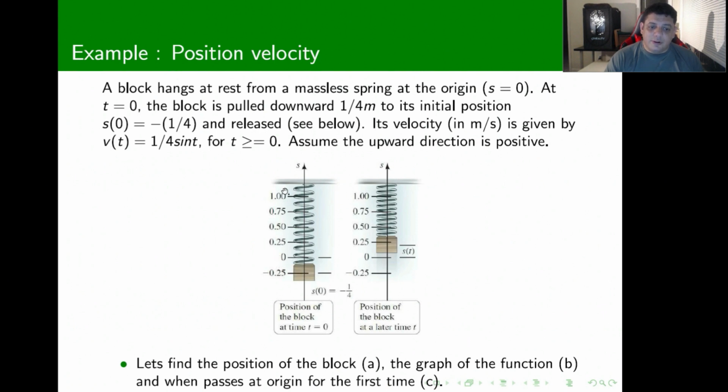Positive units are going to go over here, negative units are going to go below. So now let's find the position function of the block. Since we have the velocity function, we should be able to do that. Then we find the graph of the function and when it's going to reach the origin for the first time.